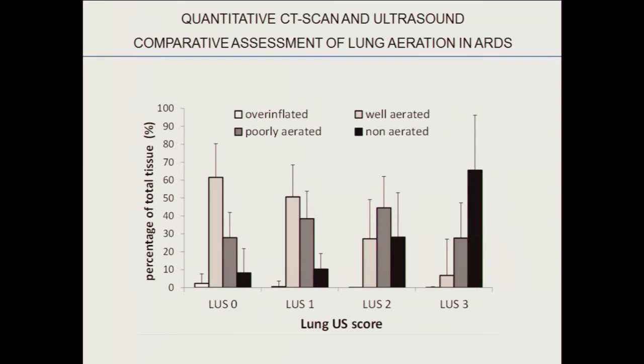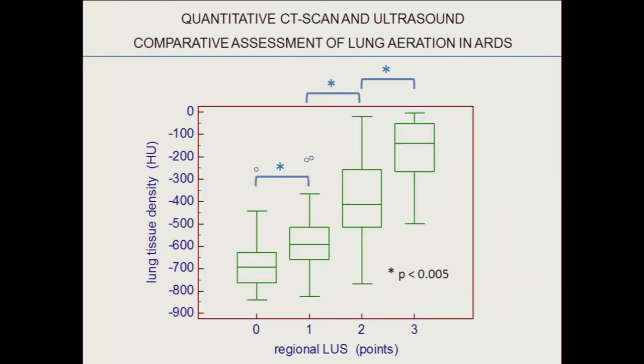On the opposite, regions with a lung ultrasound score of 3, so with lung consolidation, have more than 60% of non-aerated tissue and less than 10% of well-aerated tissue. Regions with different lung ultrasound score, of course, have different average lung tissue density, but you can see that there is some, maybe too much, overlap.